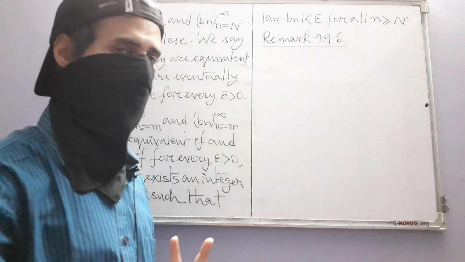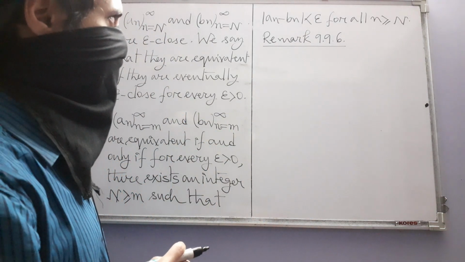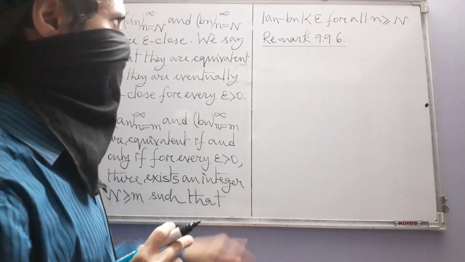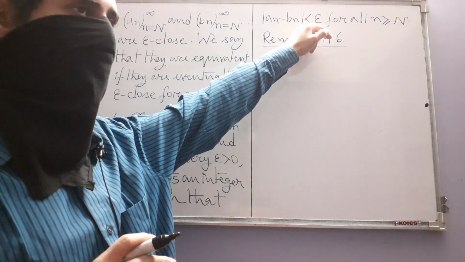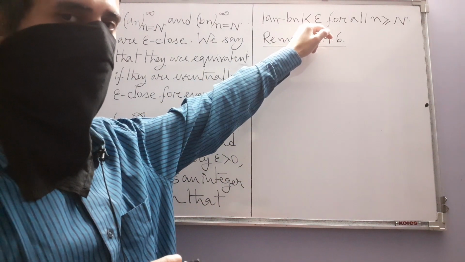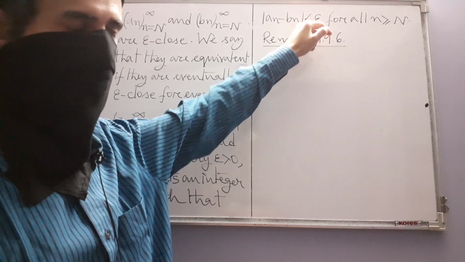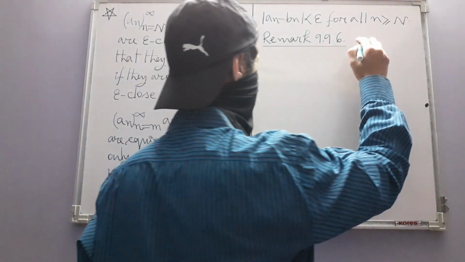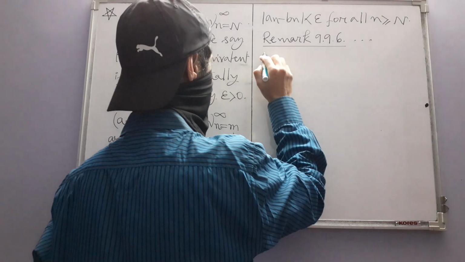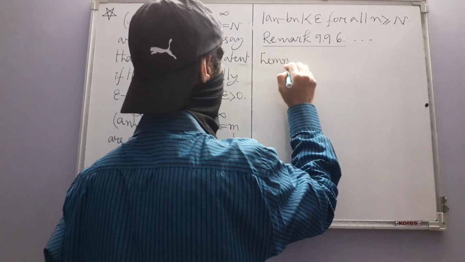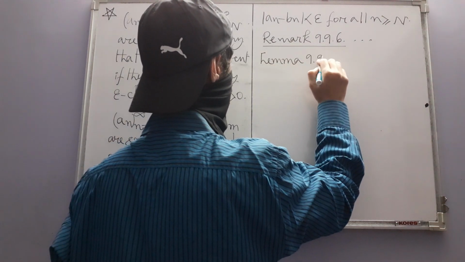But for us, epsilon will in general be real. And in a similar manner, whether you use strict inequality here or ordinary inequality, it does not make any difference in the end. So this remark is just about that. Instead, let us see the lemma.